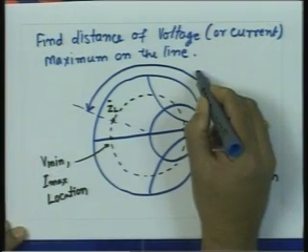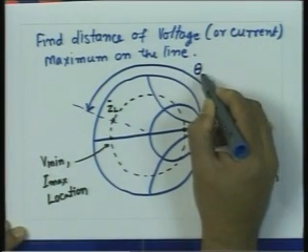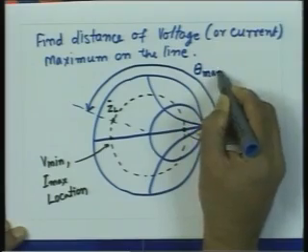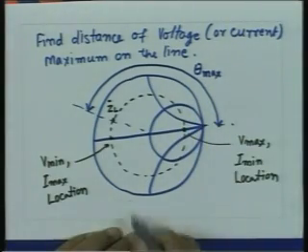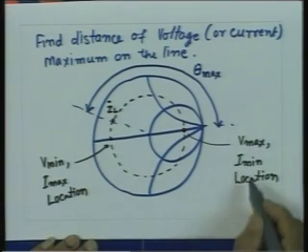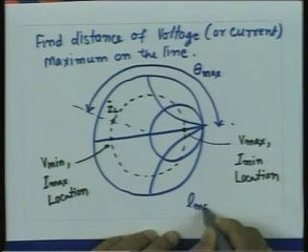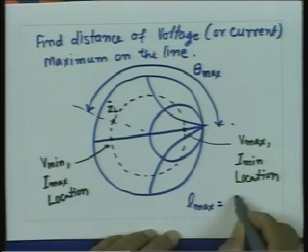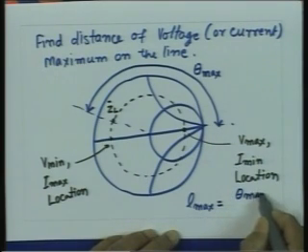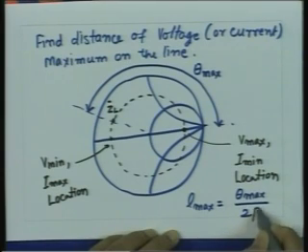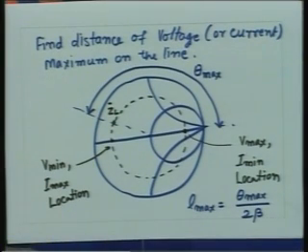So, if this angle was theta max, then the location of the voltage maximum, this L max, will be equal to theta max divided by 2 beta. So, finding the location of voltage maximum or current minimum is extremely straightforward.